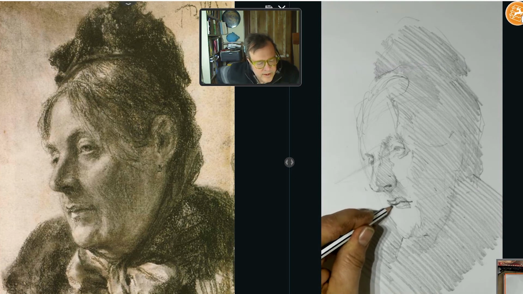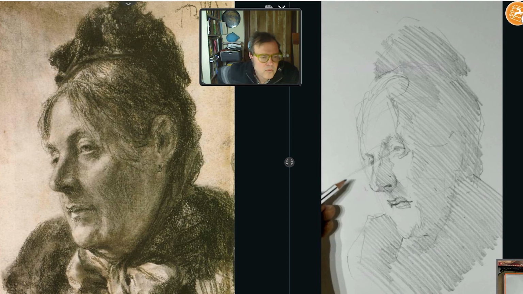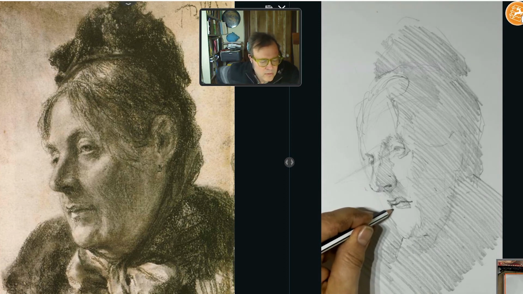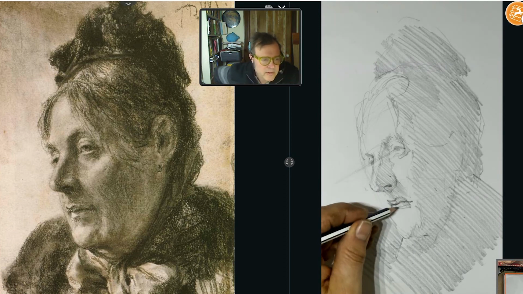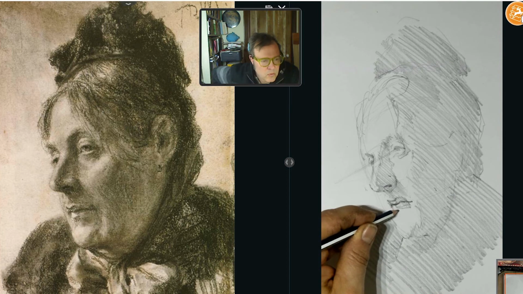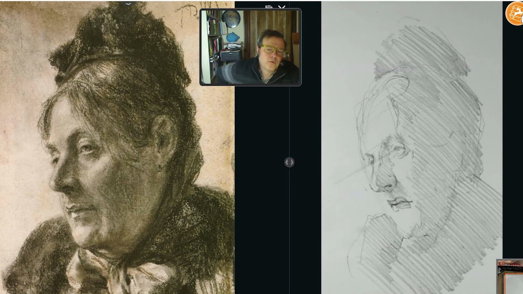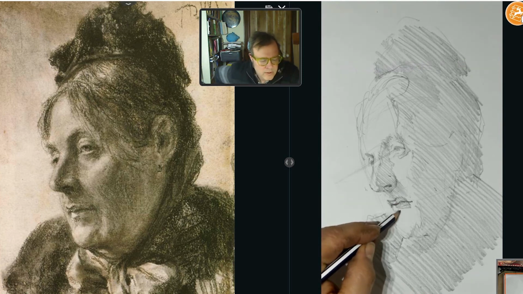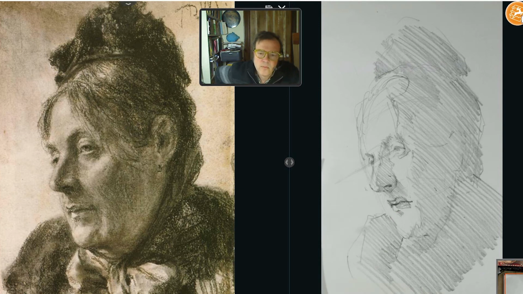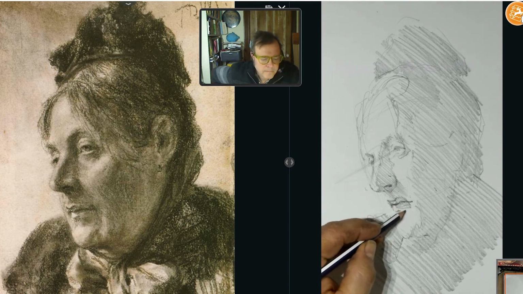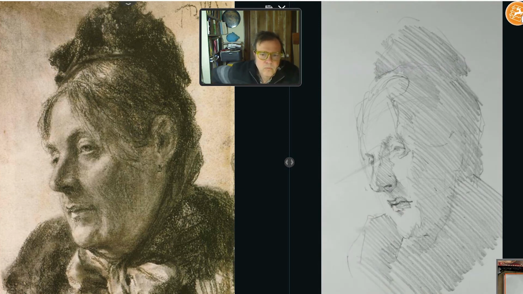A little half tone right underneath the outside corner, and that beautiful light falling on the lower lip. A little cast shadow on the rest of the lower lip, and a little cast shadow under the bottom lip.